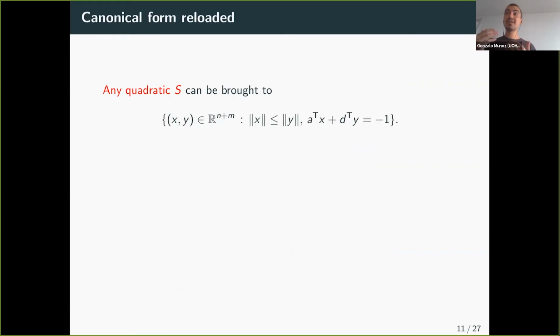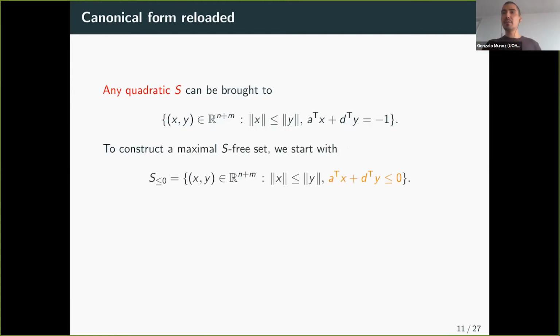What a homogenization does is it lifts your set to one more dimension, and then it cuts it with a linear equality. You can write it in general terms like this. You can just write the same inequality that I had before, and then a linear equality in order to recover your quadratic set. As long as it's non-homogeneous, you can always do this.